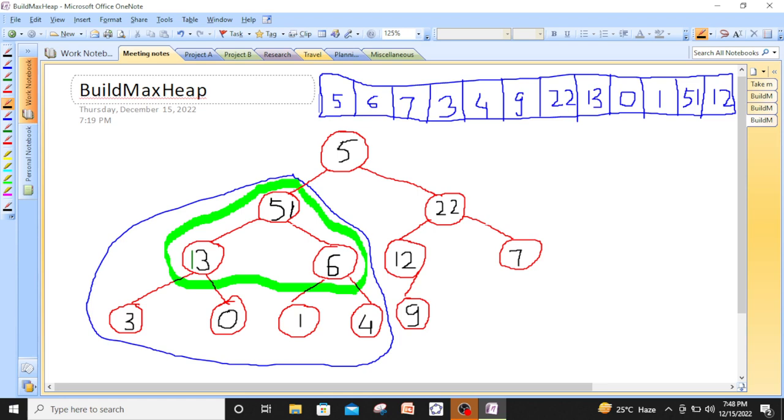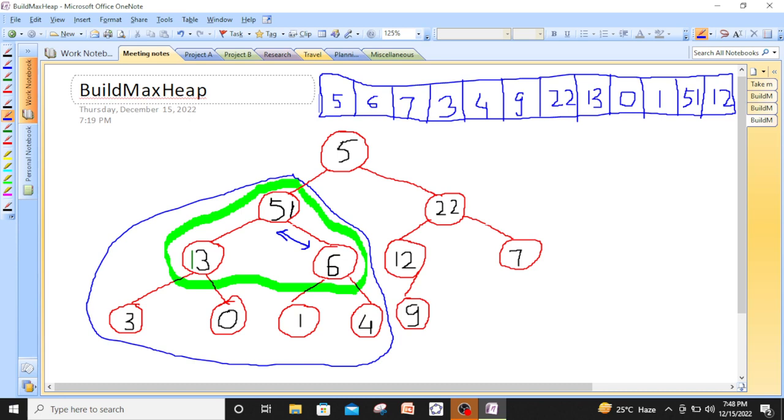Now you should notice the direction of interchange. Direction of interchange is in this direction. Notice the direction. And you must remember that in max heap function, if interchange takes place, then we move down in that direction.